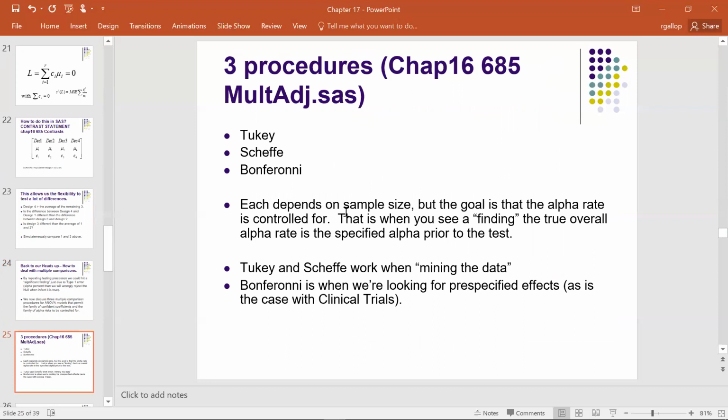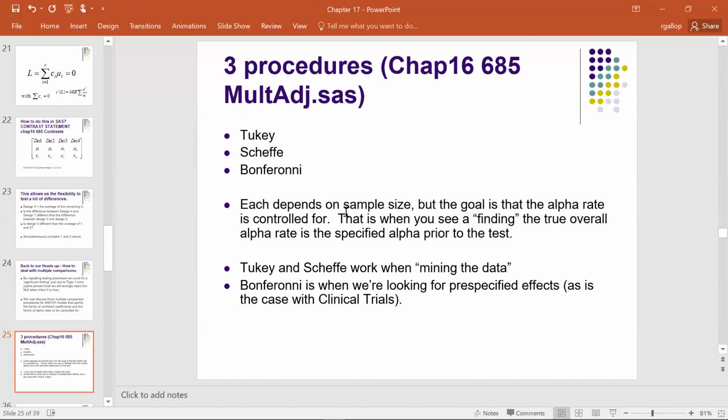There are 3 techniques we're going to use for multiple comparison adjustments when comparing estimated mean differences between the designs, whether it's the LS means or the means. The 3 approaches we're going to talk about are the Tukey, the Scheffe, and the Bonferroni. These are the 3 most common multiple comparison adjustment techniques.